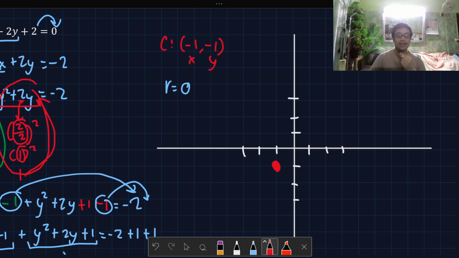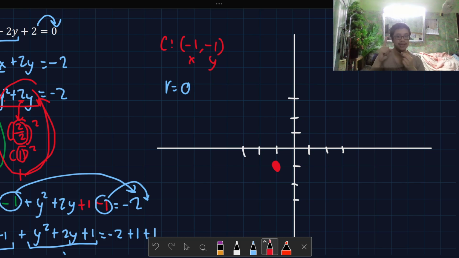So now at least you have the idea how to graph a given formula of a circle. Of course, it could either be standard or, in this case, general form. Just remember there are some steps you need to know when graphing a circle. Number one, make sure that it is in standard form.